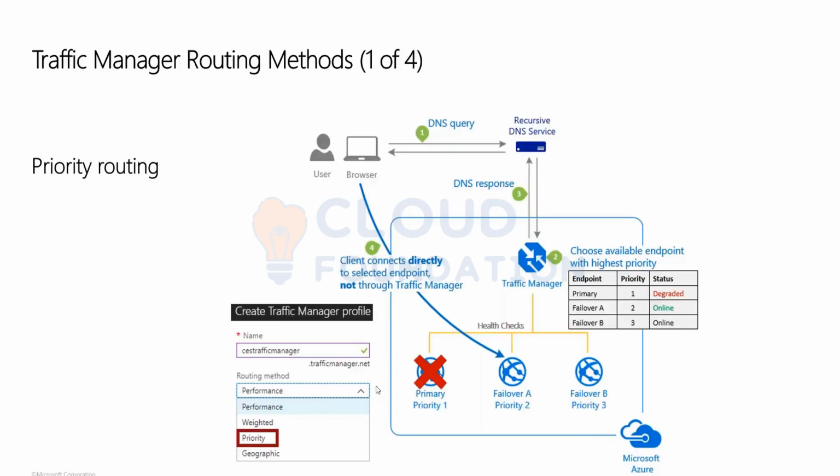In terms of priority-based routing, what you would have done over here is specify a priority value for each of these endpoints. Say, for example, the first member, which has a priority of 1, is down. What is the next priority in sequence?